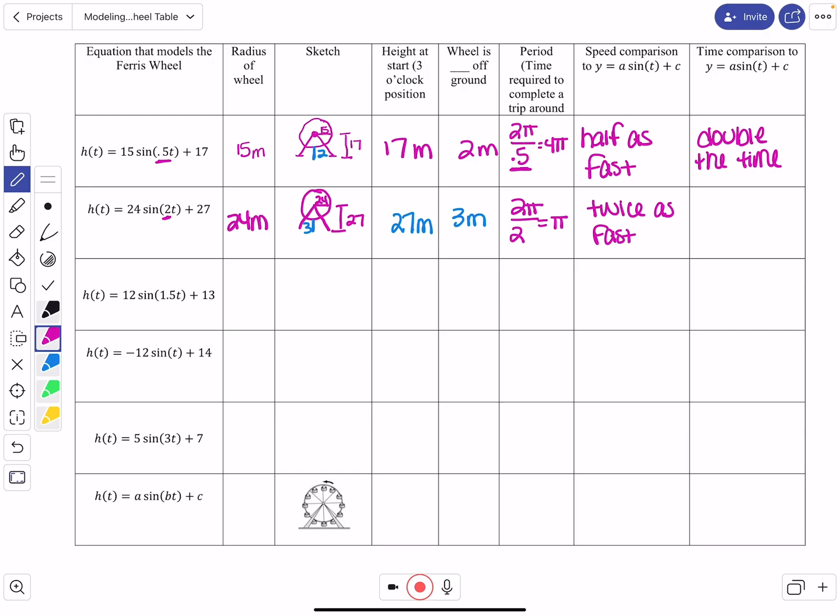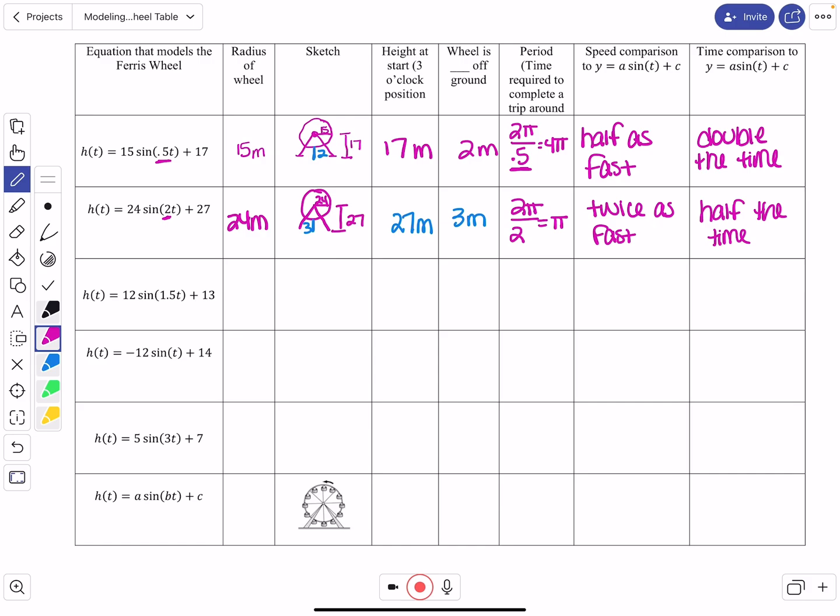And for the time, it is now taking half the time, because we have to describe it in talking about speed, and we are describing it as far as time, okay? So as far as the 2, in terms of speed, we're going twice as fast. So the 2 means we're going twice as fast. We're taking half the time. It's taking less time.